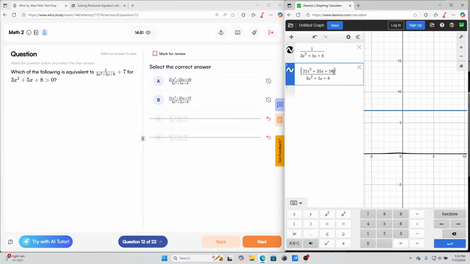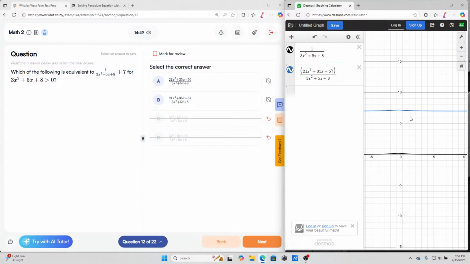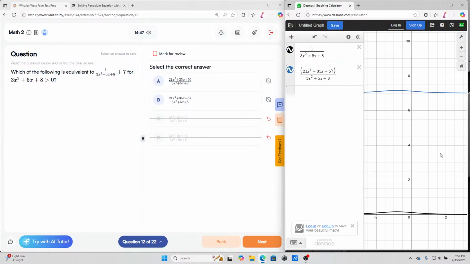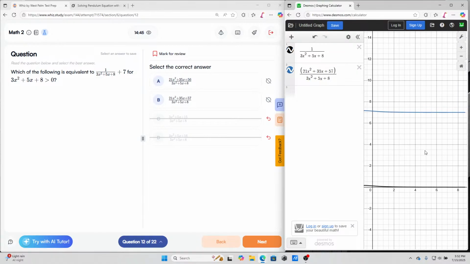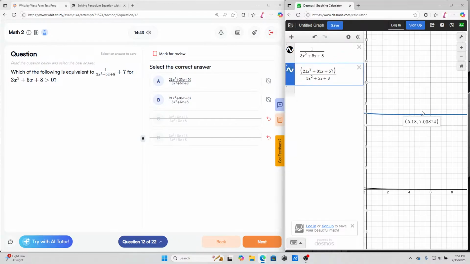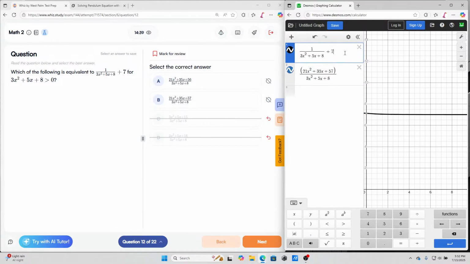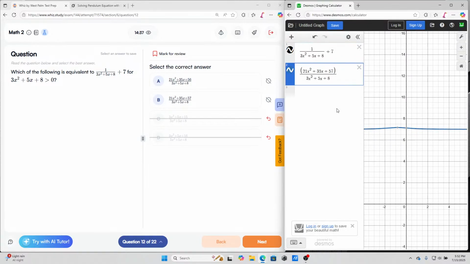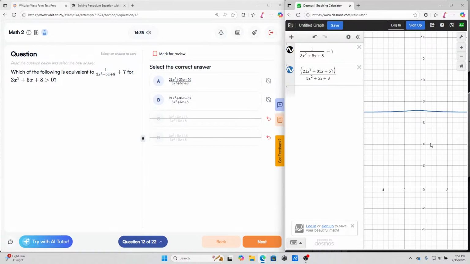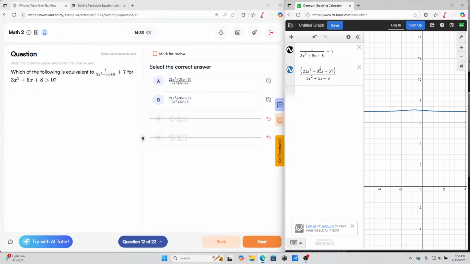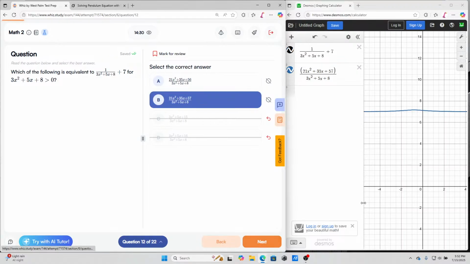So 56, I don't see anything. 57. Oh wait. Oh, it's plus 7. Alright guys, so we actually forgot to put in a plus 7 there. Now we got our answer here.